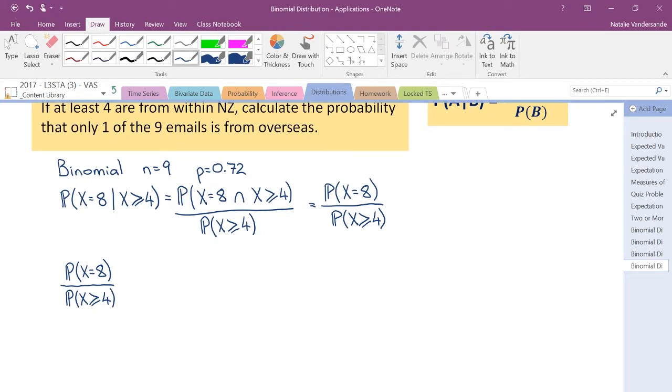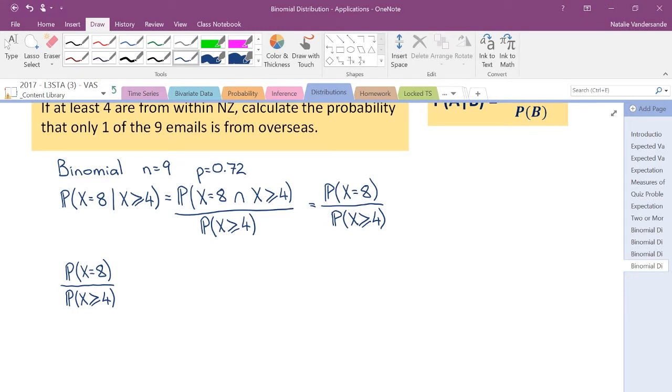Looking at these two probabilities that I'm going to use the calculator to find, I can see that for the probability that x equals 8, I'm going to be using a point distribution. And for the probability that x is more than or equal to 4, I'm going to be using a cumulative distribution.